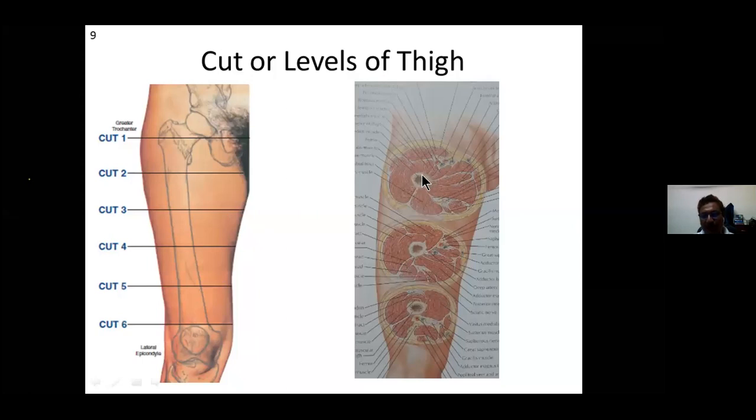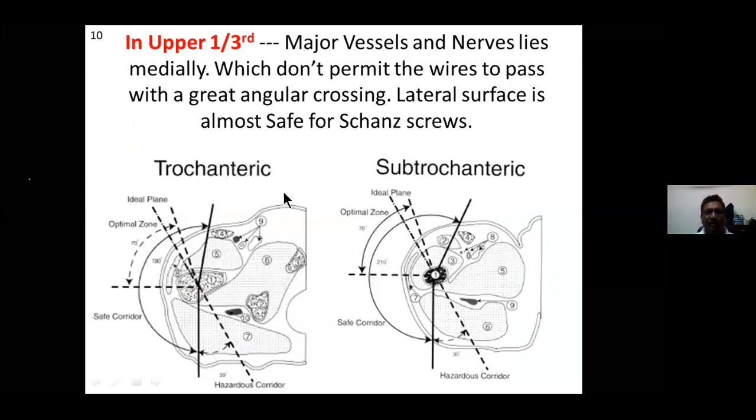Look, in the upper third, the major vasculature is on the intermedial portion, which is completely middle third, and in the lower third, it is posterior. In the upper third, major vessels and nerves lie medially, which doesn't permit the wire to pass with a great angular crossing. The lateral surface is almost safe for Schanz screws.